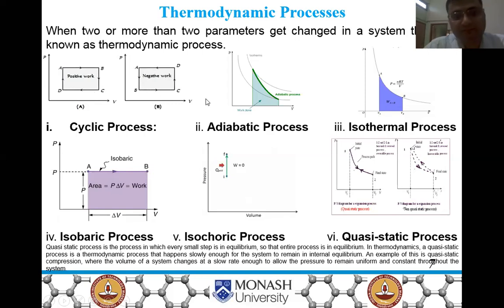Okay. Now adiabatic process. In adiabatic process, delta Q is 0. Here we have this P versus V diagram. These are isotherms, and this green line is represented by the adiabatic process.